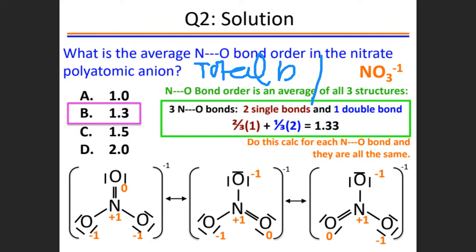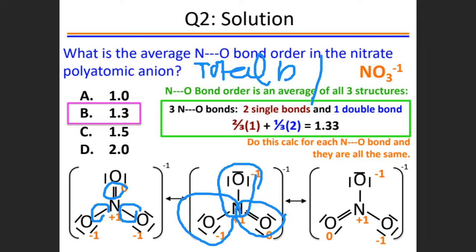I already explained how you calculate. Total bond means here we have one single bond and one double bond, so 1 plus 2, that is 3. And domain means this one is one domain, this one is another domain, and this one is another domain. Now got it? Yes.